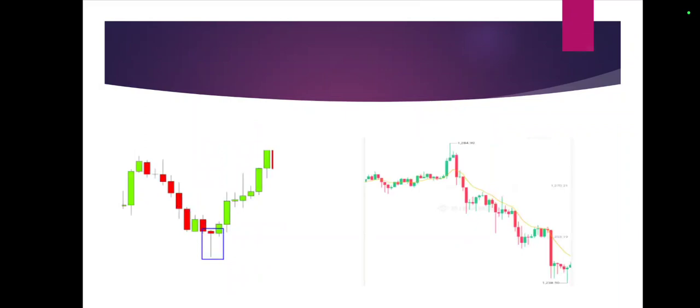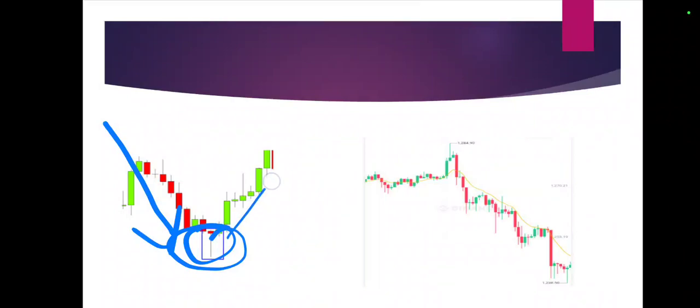Now, for example, you see a pin bar here. So market was coming down, then a pin bar appeared, and then market push back up from that position. As I explained earlier, a pin bar show you that market can go up from that position.